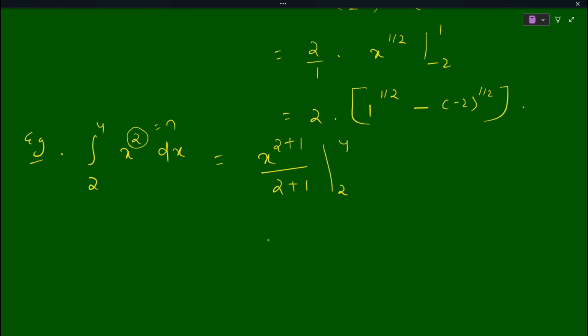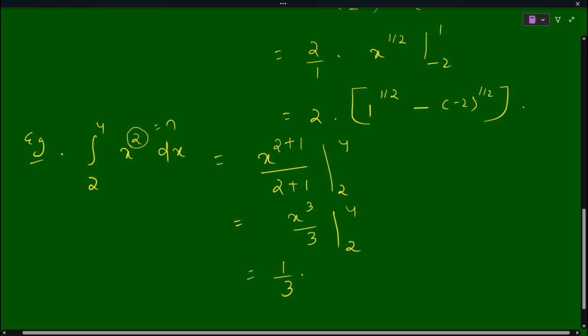So on solving, this is x cube by 3 and this value is from 2 to 4. See here, this 3 is a constant, so we will take it outside as this limit value is only for x. So 1 by 3 will go outside, and now the limiting value 2 to 4.